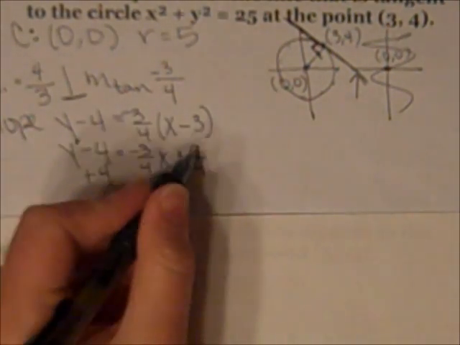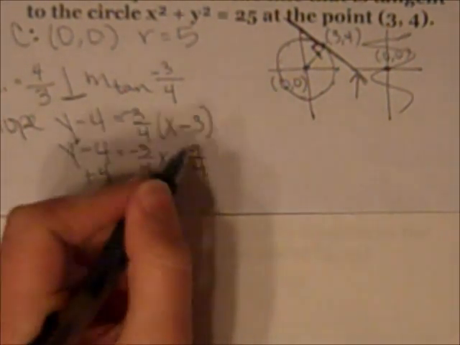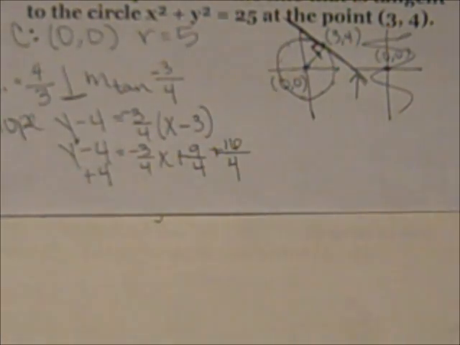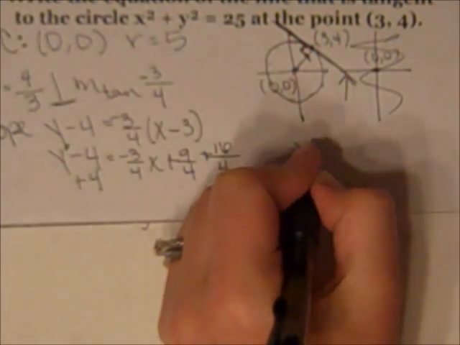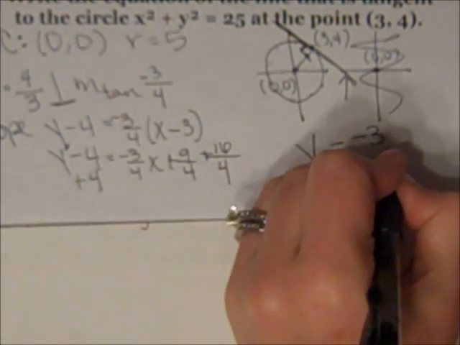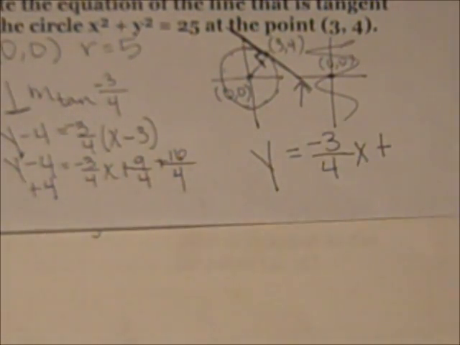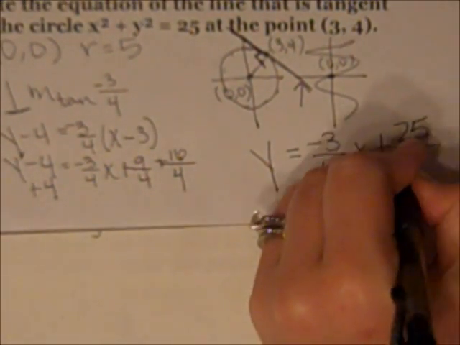Now, I need a common denominator to add 4 and 9/4. So in an effort to not waste space, I'm going to do that at the same time. And instead of calling that 4, I'm going to call it 16 over 4. So then I have my final answer. y is equal to negative 3/4 x plus 25 over 4.